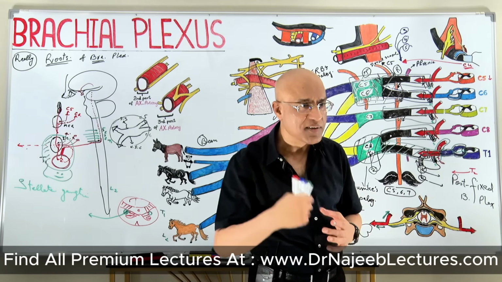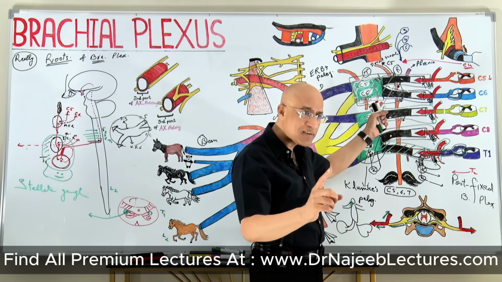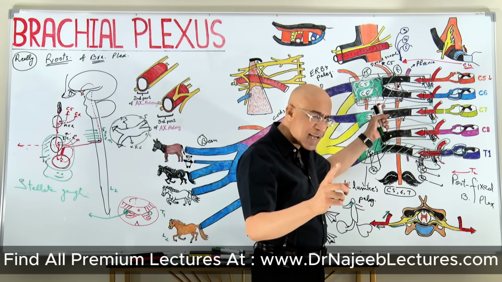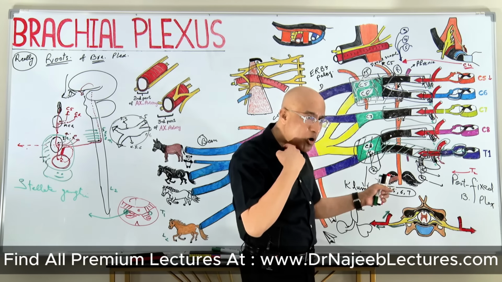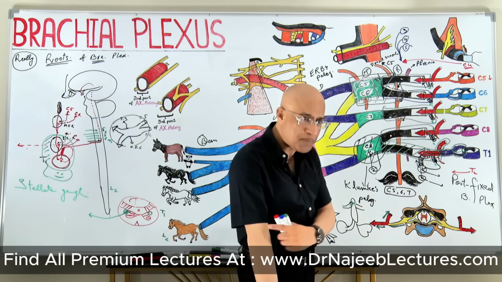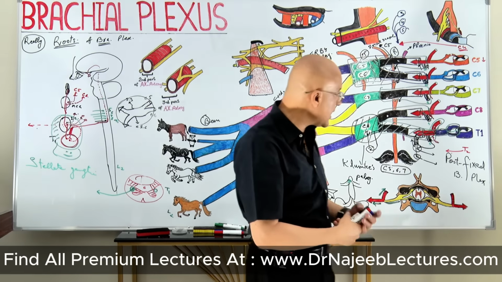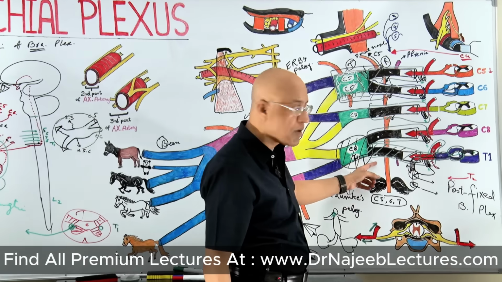So upper trunk lesions don't manifest signs and symptoms of Horner syndrome, and if the lower part of the brachial plexus is damaged, and if damage extends up to the T1 or stellate ganglion, then along with the Klumpke's palsy dysfunction in the upper limb, you will also have Horner syndrome. And I hope in future you do not confuse the spinal cord roots with the brachial plexus roots.